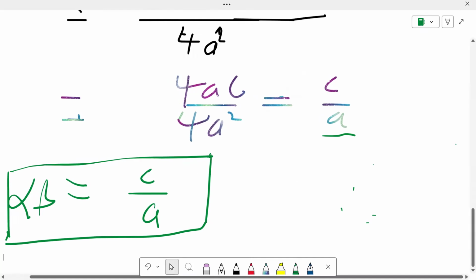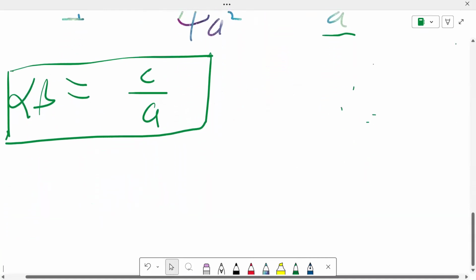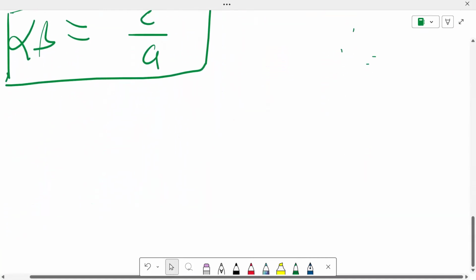Fantastic. So let us try and see how we can get an example.